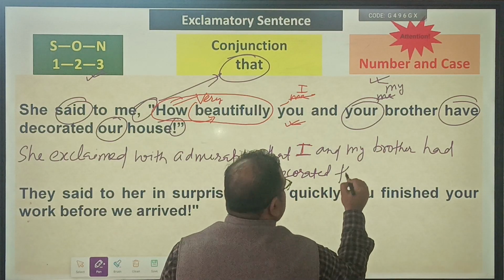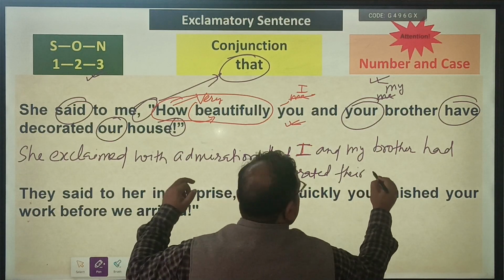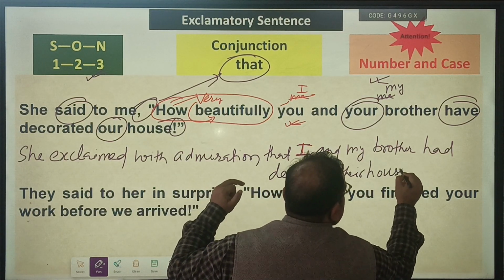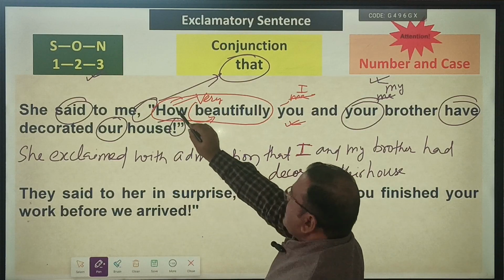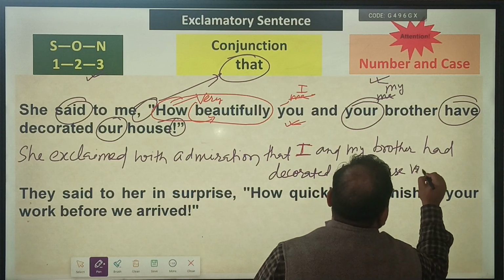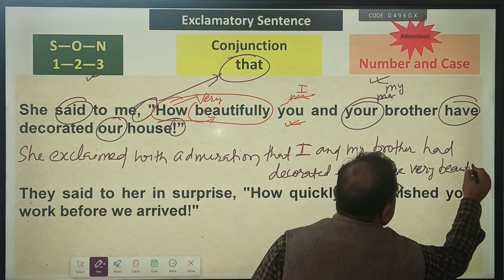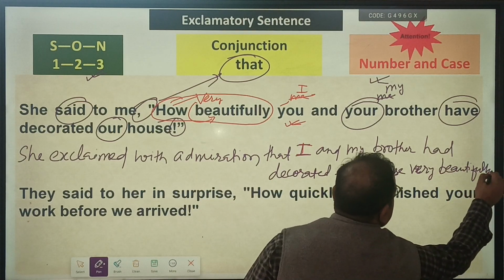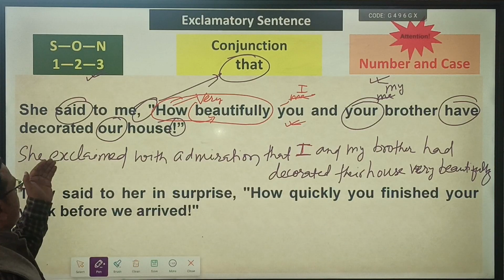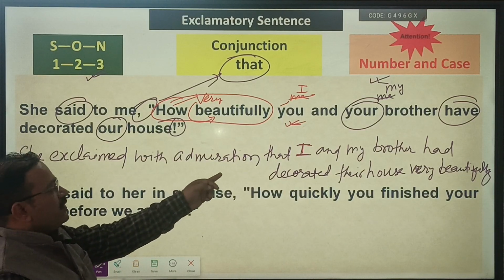Their. Decorated their house. Now this will use very beautifully. Beautifully. Full stop.